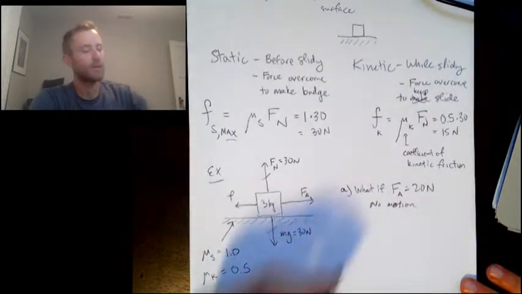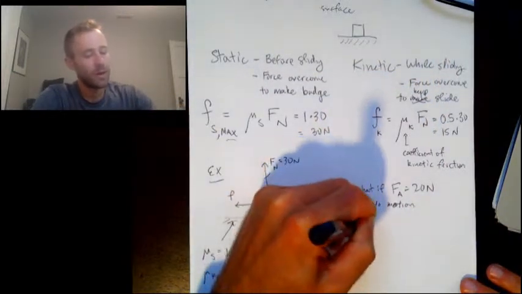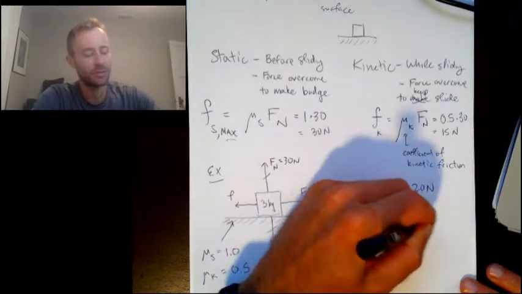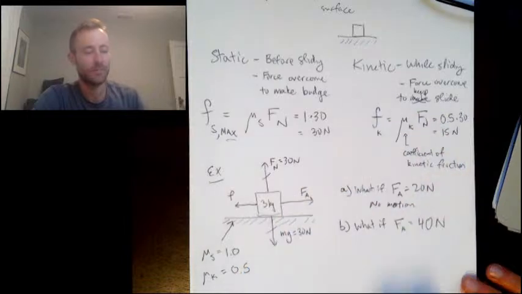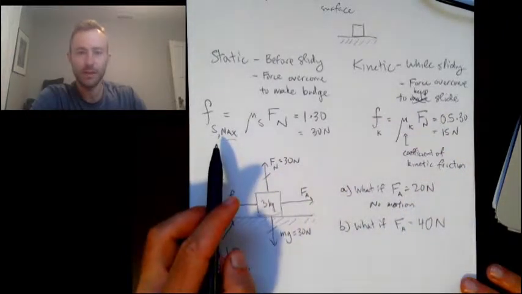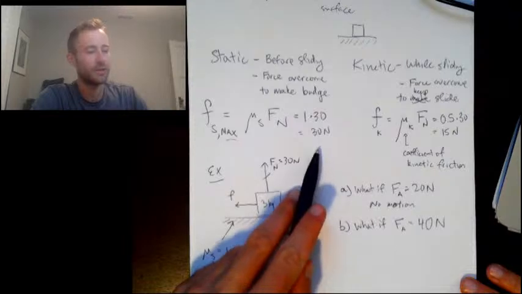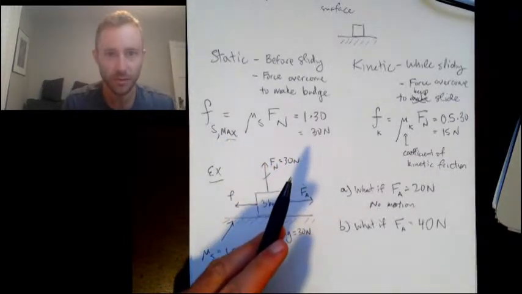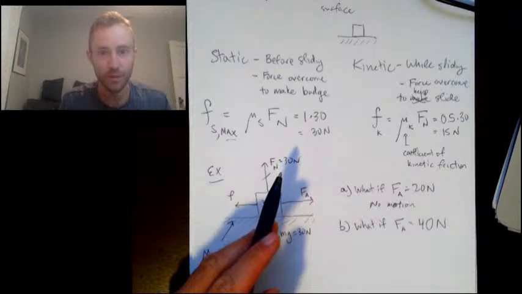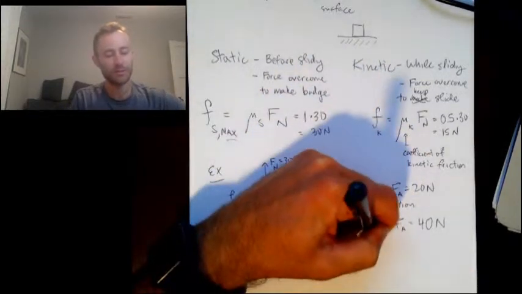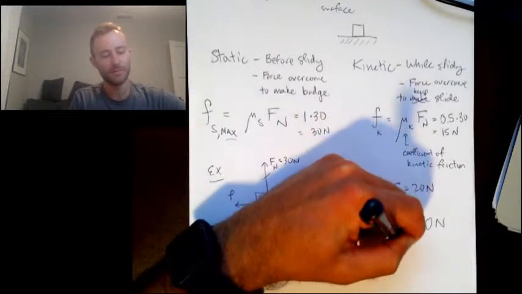Okay, but what if F sub A is equal to 40 newtons? 40 newtons is bigger than 30, so we've overcome static friction, so the box is going to start to move. And once it starts moving, so basically the box starts to move.